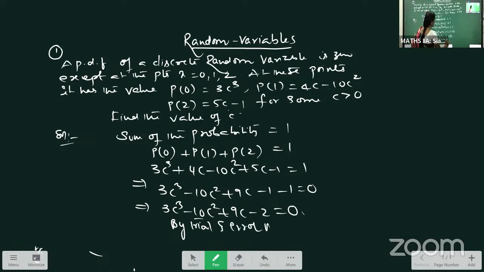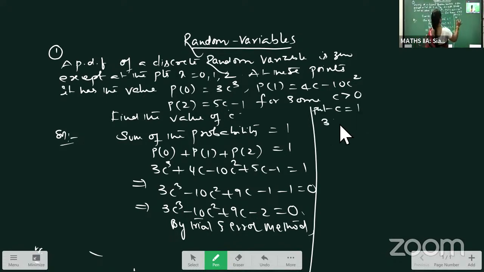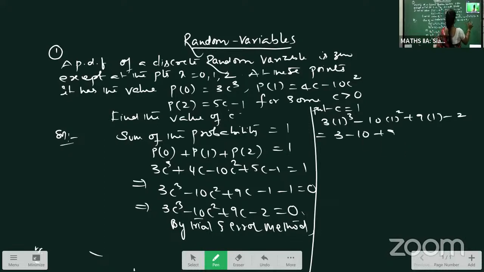By the trial and error method, put c is equal to 1. What are you getting here? 3 into 1 cube minus 10 into 1 square plus 9 into 1 minus 2. Then see, 3 minus 10 plus 9 minus 2.